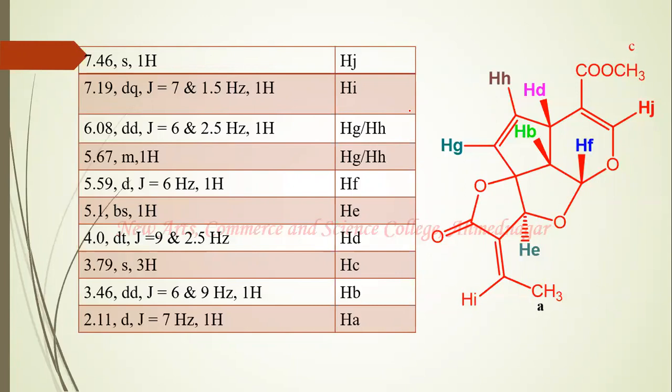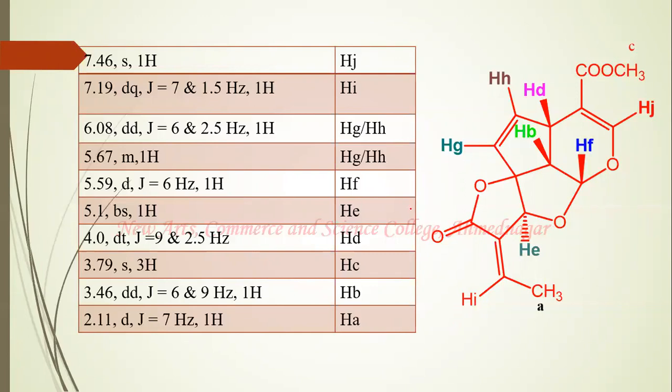So I will look into the molecule for the most de-shielded proton. In this structure, there are no aromatic protons present. So I have to look for other reasons for the de-shielding. Here there are 4 olefinic protons. They may be de-shielded. Out of these 4 olefinic protons, which is most de-shielded?